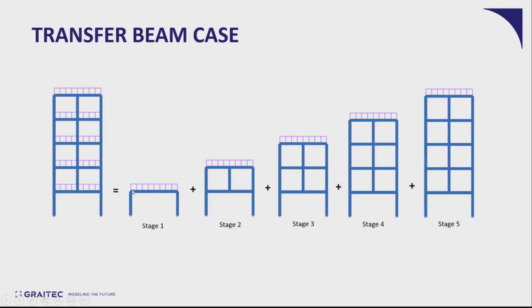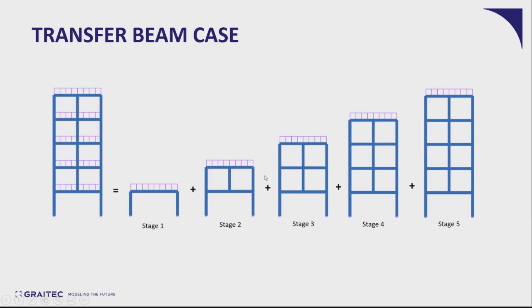These loadings represent, in addition to the self-weight of the elements, some construction loadings or finishing loads. Now, if we pass to stage 2, we construct the second story, like we see here, and we have similar loadings, then stage 3, stage 4, and stage 5.